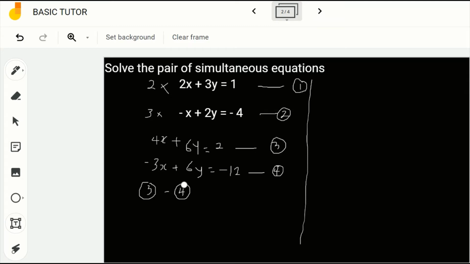We have 4x minus minus 3x, plus 6y minus plus 6y, equal to 2 minus minus 12.